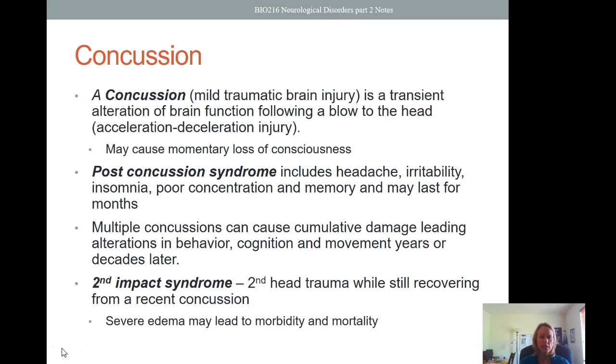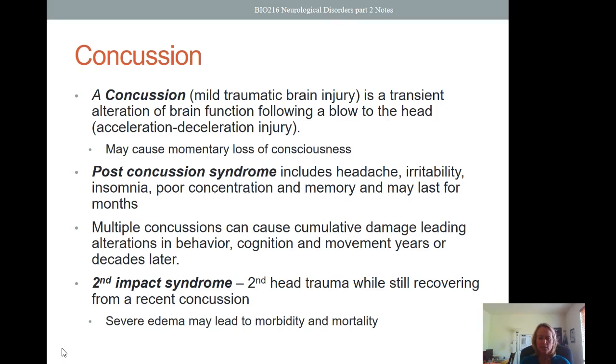A concussion is a mild traumatic brain injury. It is a transient alteration of brain function following a blow to the head or acceleration-deceleration injury. This may cause a momentary loss of consciousness. Post-concussion syndrome results in headache, irritability, insomnia, poor concentration, and memory, and this can last for months after the concussion.